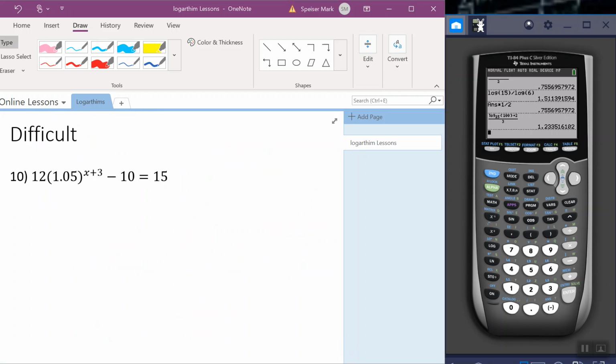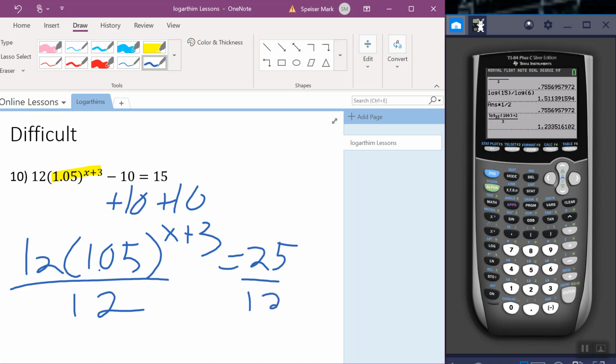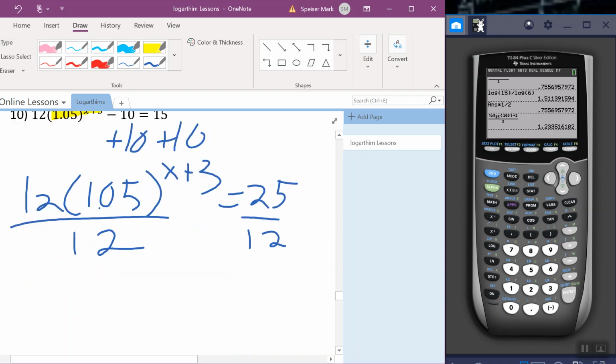On to the final case in this video, a difficult case: 12 times 1.05 to the x plus 3 power minus 10 equals 15. The same common goal. You want to get the exponential part by itself. So you add 10 on both sides. You get 12 times 1.05 to the x plus 3 power equals 25. Divide both sides by 12. Keep it as a fraction because 12 does not go into 25.